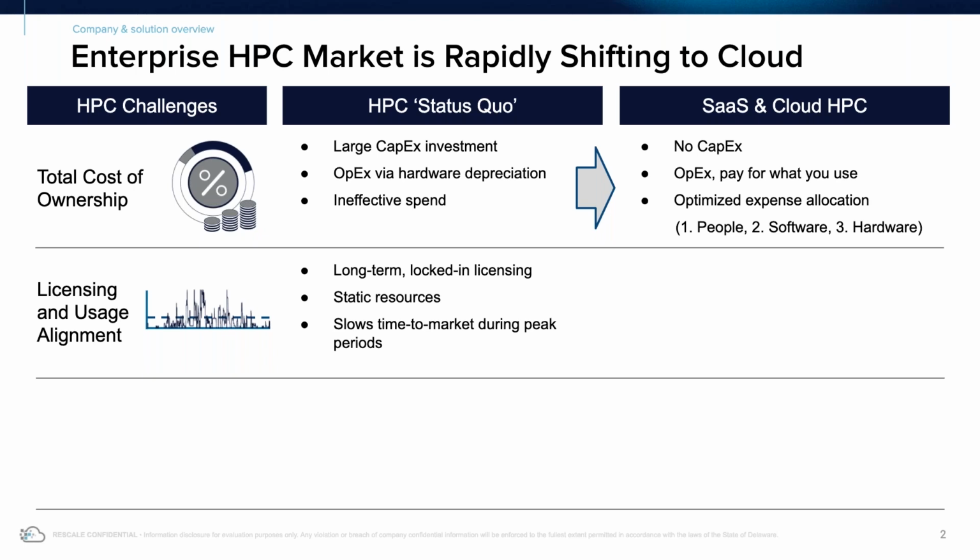Now, what's another constraint? Licensing. In some cases, licensing can be a blocker. Long-term commitments, locked-in licensing for a year. However, we know that projects might come at certain times where you just need the resources to meet that demand.